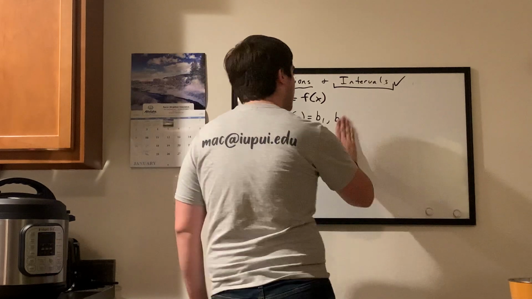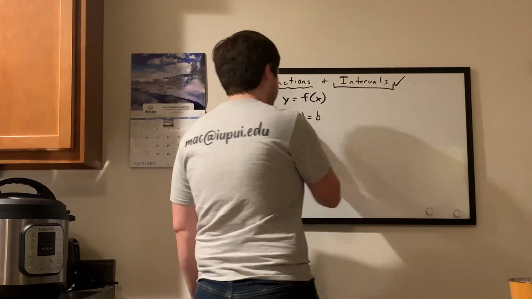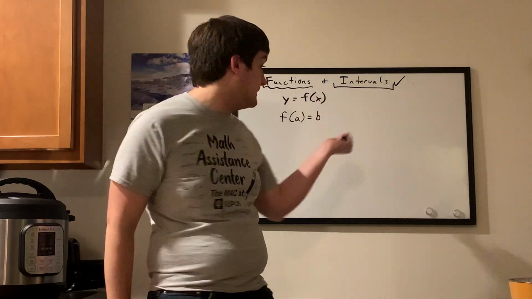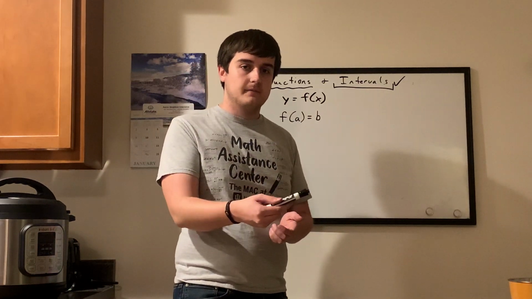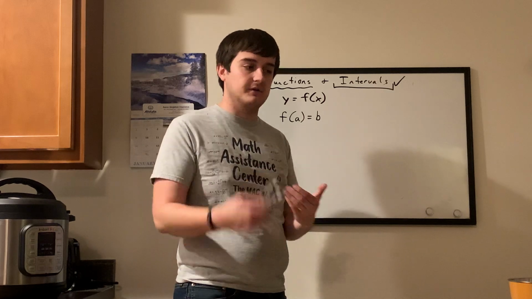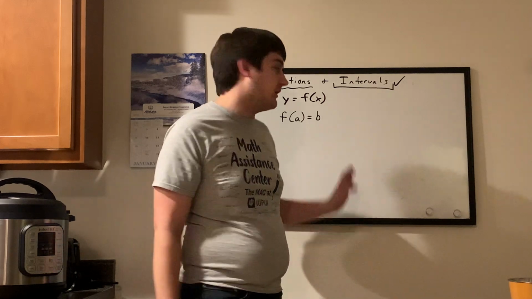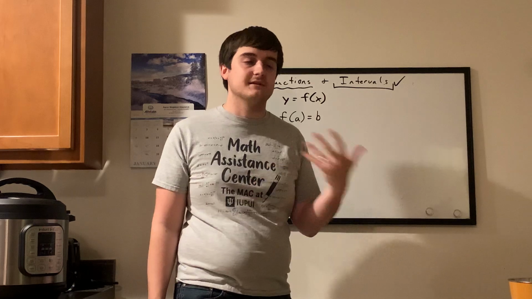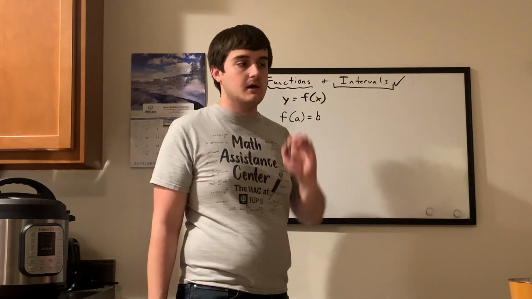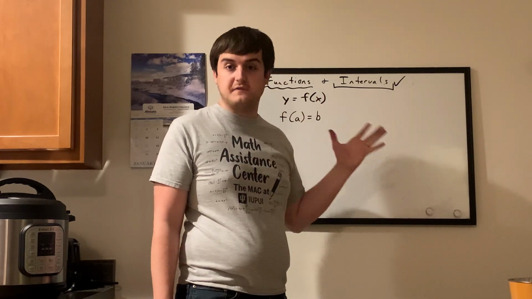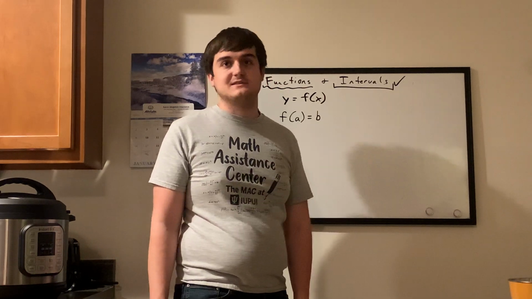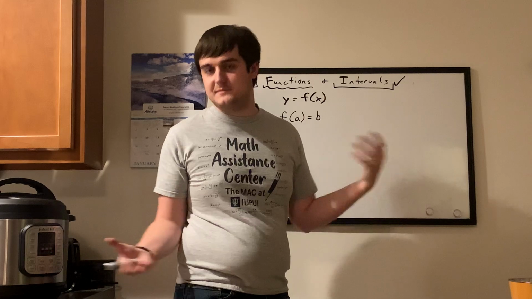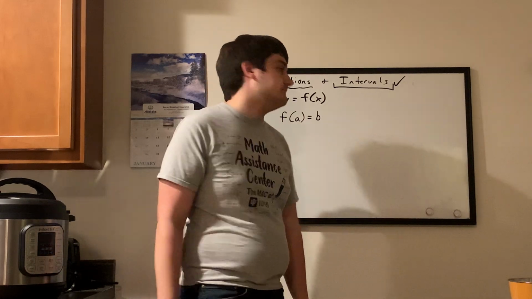If it only comes out to be one, in this case b, then that's good. I want to plug in a certain value and have it only spit out one respective value. This is what we call well defined, essentially that it acts as it should. It's not giving us a whole bunch of objects when I put one thing in.